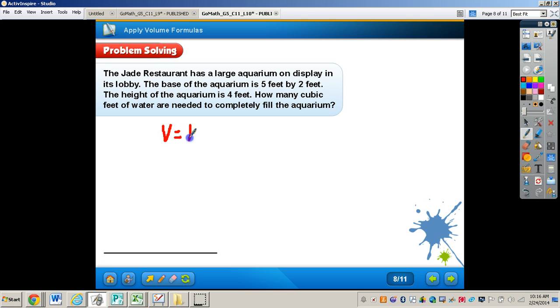Okay, we can have the length times the width times the height. So right away the volume, that's the formula for volume. Now they gave us the base of the aquarium is 5 feet by 2 feet. So they're giving us the base area. So we can multiply to find volume. 5 times 2 is going to give us that base area.